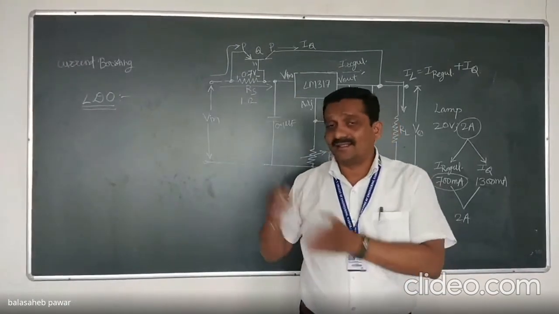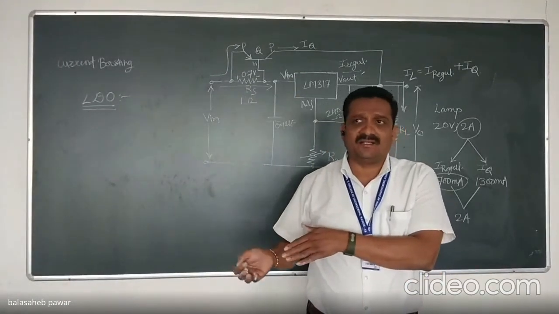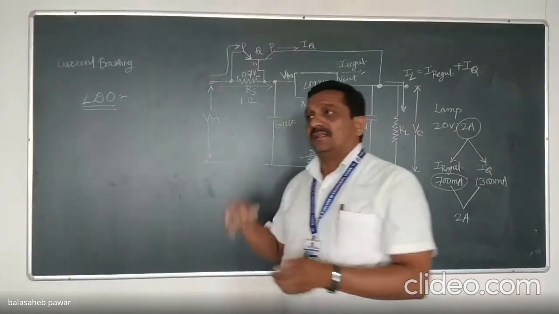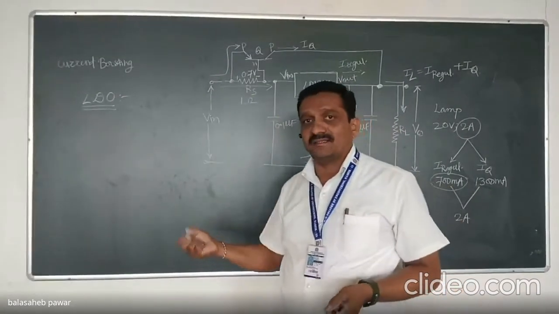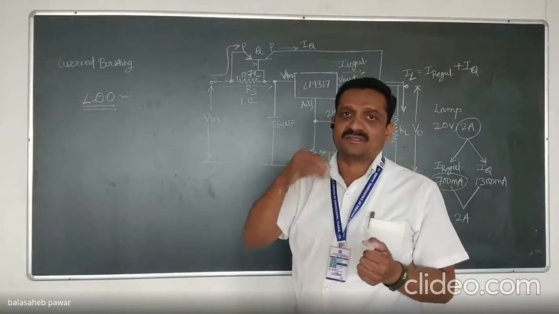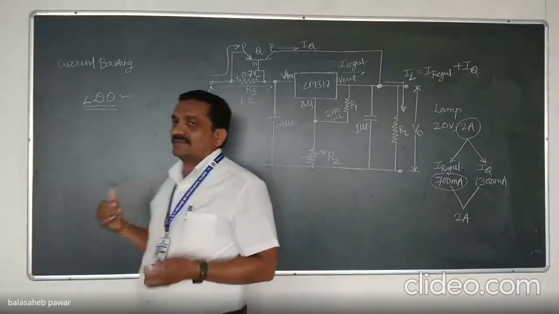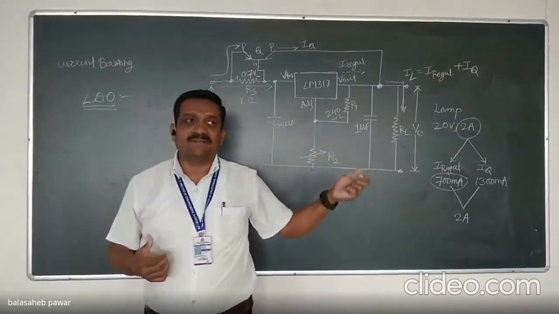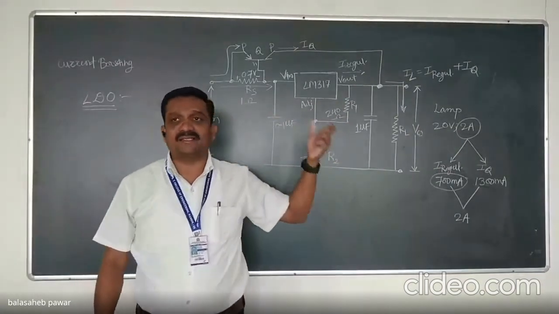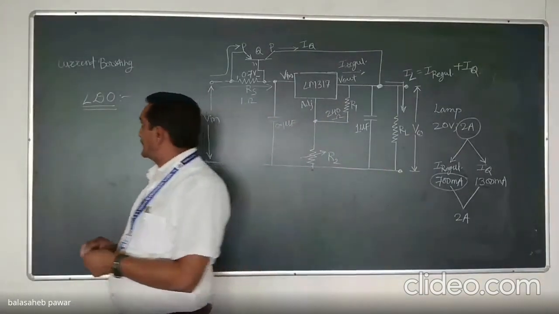I already told you many times that the voltage drop across all these regulators is somewhat large, 2 to 3 volts. Only then can it provide the regulated output. Or another way, for the required output voltage, the input voltage should be 2 to 3 volts more than the rated or desired output. And hence, all these regulators are known as large dropout voltage regulators. Okay?